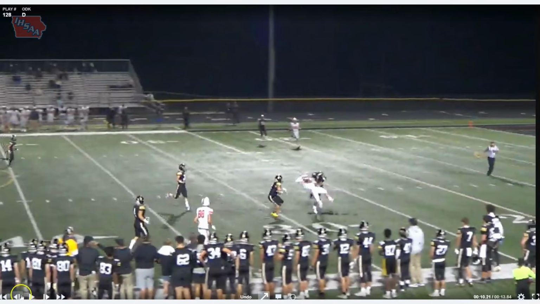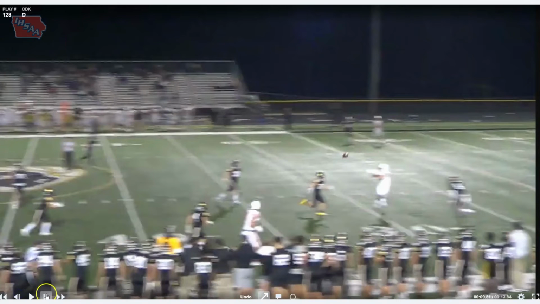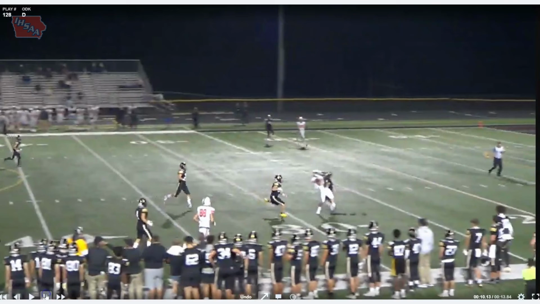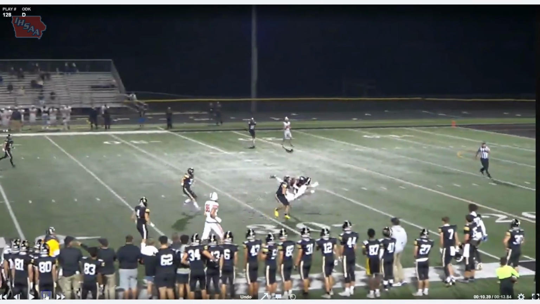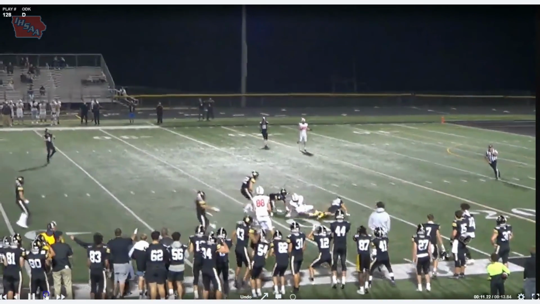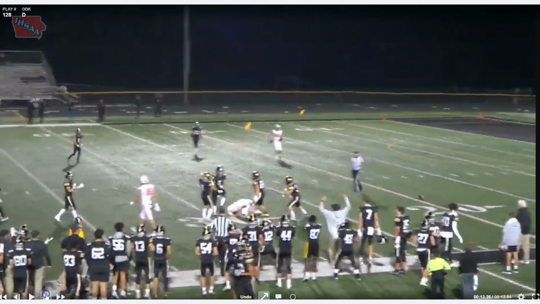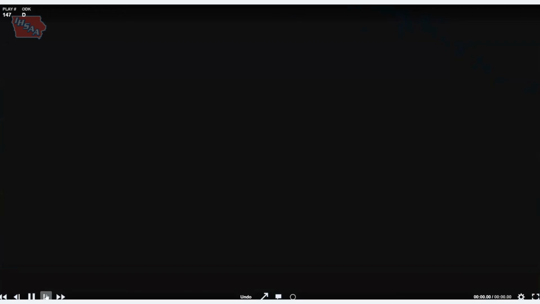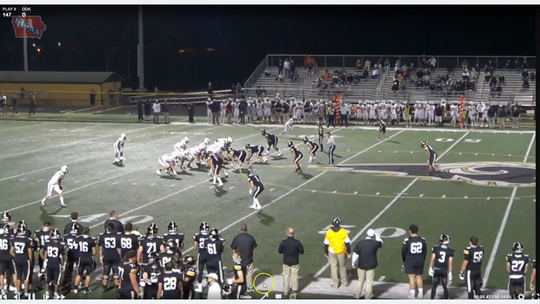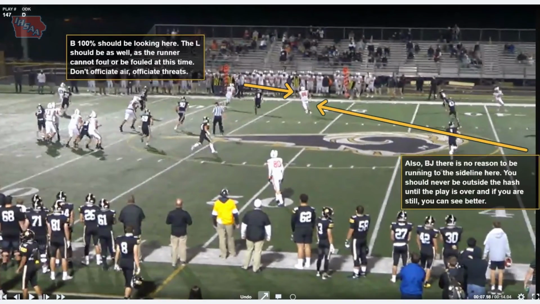Let's go back and see if he launches or not. Like I said, if you're unsure, you just have a foul for unnecessary roughness, or you could call targeting. But that is 100% a flag. And we're going 15 yards, flagged by both of our officials, which is great.